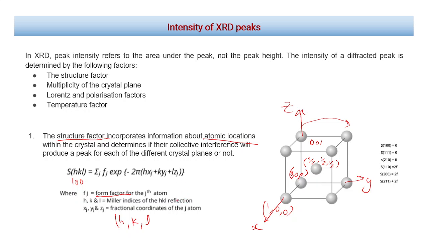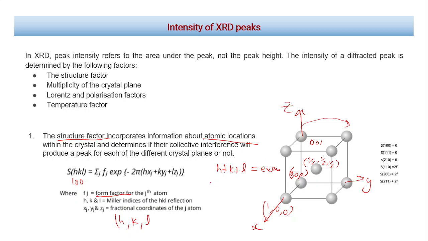For example, if I have a BCC crystal unit like this, which has atoms on the corners and one in the body center, then after calculating the structure factor and taking the position of these atoms in this formula, after a small derivation, we get to see that for BCC, whatever plane we are choosing, if I take the sum of its HKL values and it comes out to be even, then that plane will diffract and we'll see that peak.